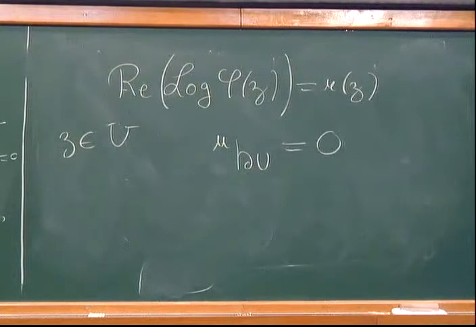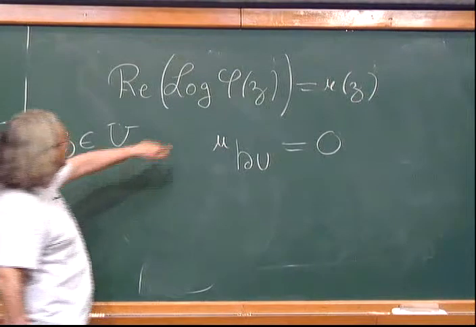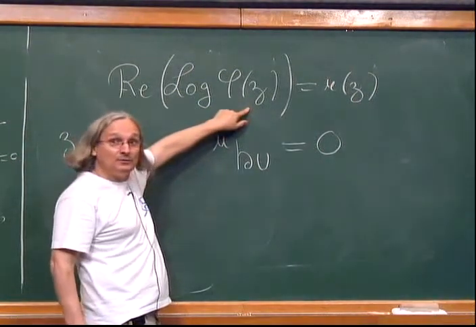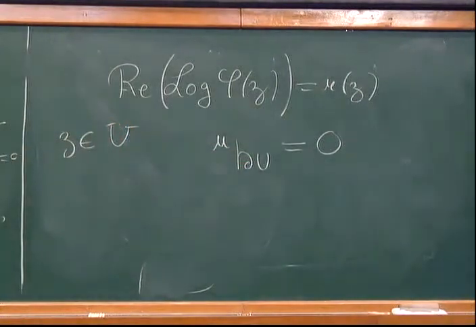But of course, the trick is that this function phi has a 0 at z0. Phi of z0 is 0. So log of phi goes to infinity when one goes to z0. So this harmonic function u, which is defined in the interior of this domain U, has a pole at z0.